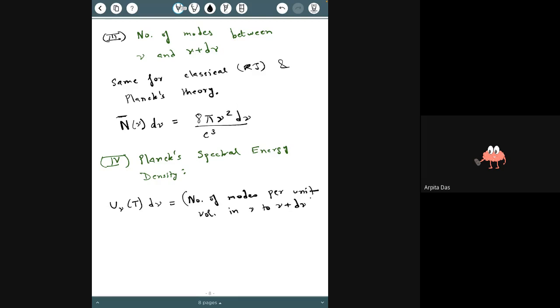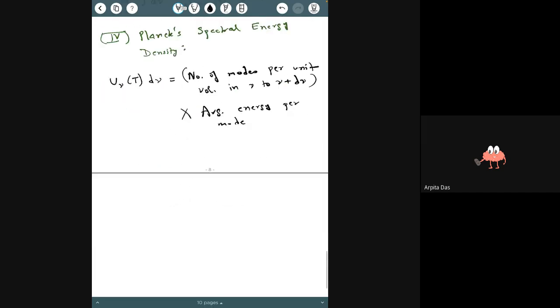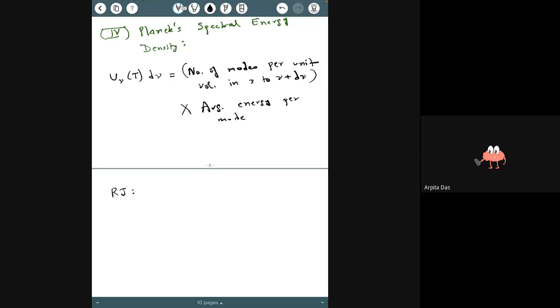So you multiply this with the average energy per mode. So when we did Rayleigh-Jeans, what did we get? We got U nu T d nu is equal to 8 pi by c cube nu square d nu into kT. Okay. And that gave me 8 pi nu square by c cube simply into kT.